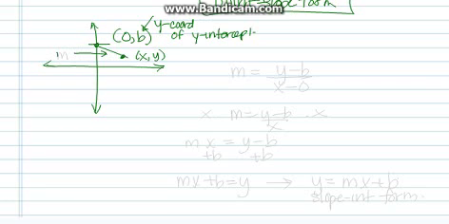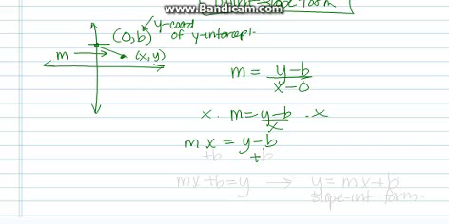Again, we'll say that the slope between the y-intercept and any other point is m. So we could write m is equal to y minus b over x minus 0. Well, that's just m is equal to y minus b over x. If we multiply both sides by x, we get mx is equal to y minus b. If we add b to both sides, we get mx plus b is equal to y, which we can write y is equal to mx plus b, which is our slope-intercept form of an equation.